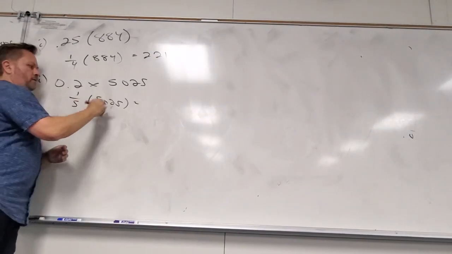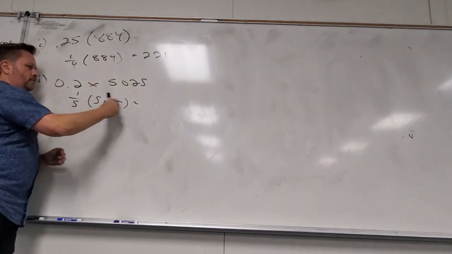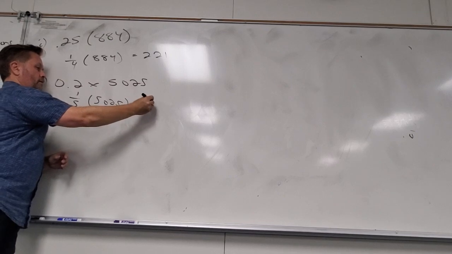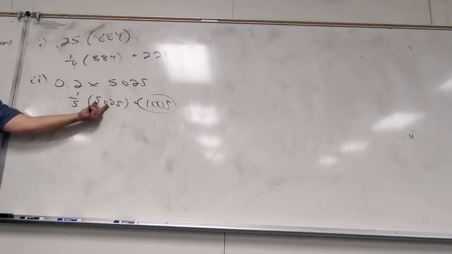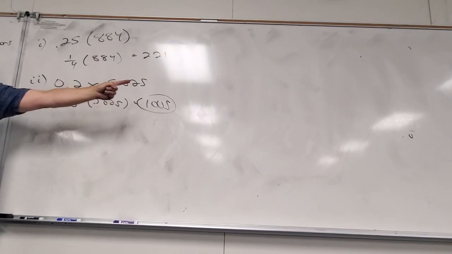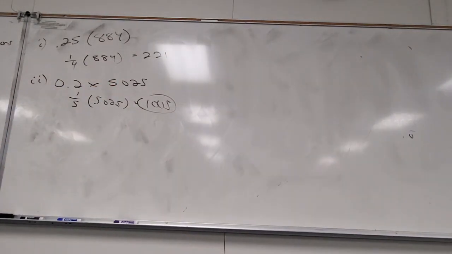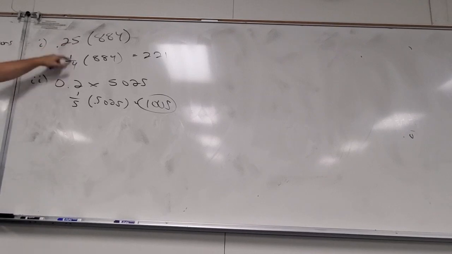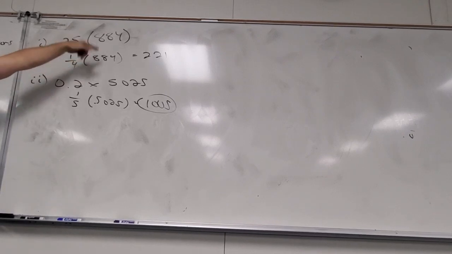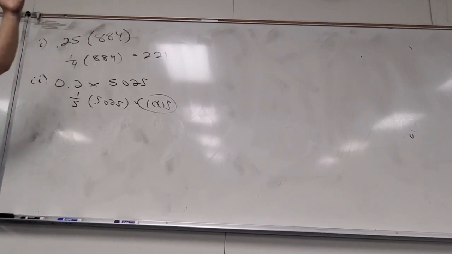So what will it be? 1,005. Yeah, I like it. 5 goes into 5,010, 5 goes into 2,505, so 1,005. So that's appropriately named equivalent fractions. So when you're working with decimals and there's an equivalent fraction to the decimal, that might make it easier to work with.